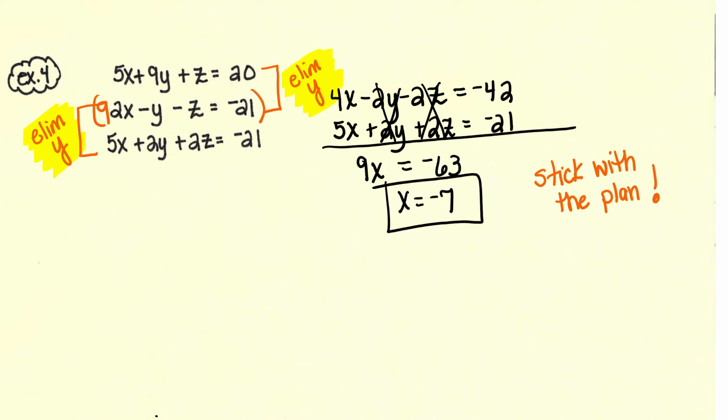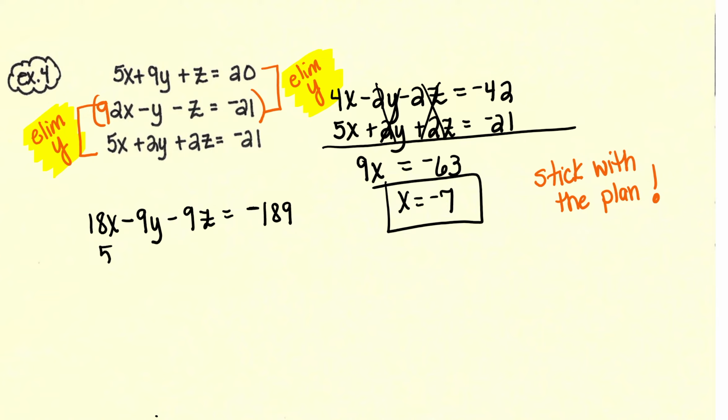So when I do, that's 9 times 2, which is 18x. 9 times negative y is negative 9y. 9 times negative z is negative 9z. And 9 times negative 21 is negative 189.